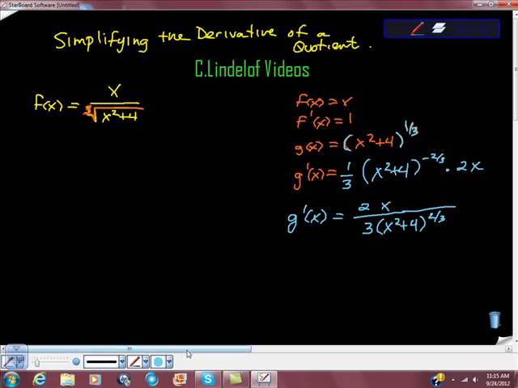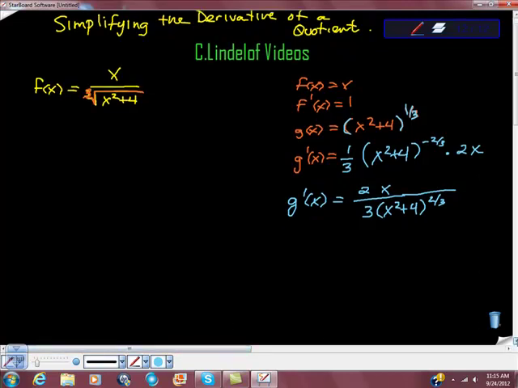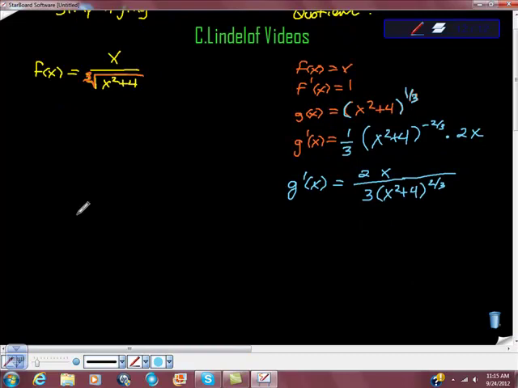Now, I'm going to go ahead and start building this quotient rule problem. And the quotient rule says that we have x squared plus 4, which is g of x, isn't it?